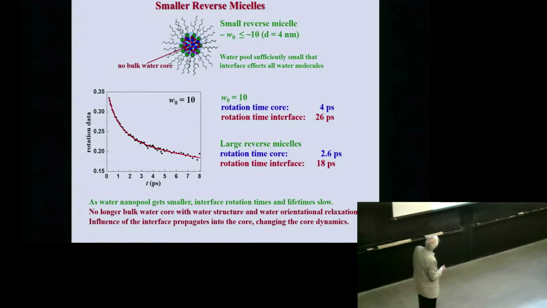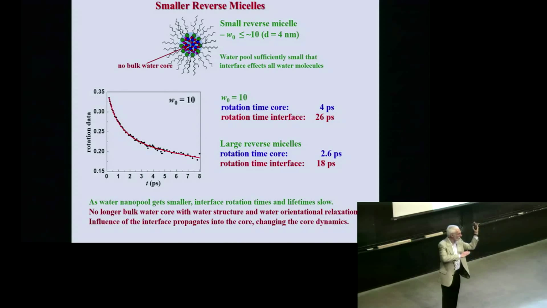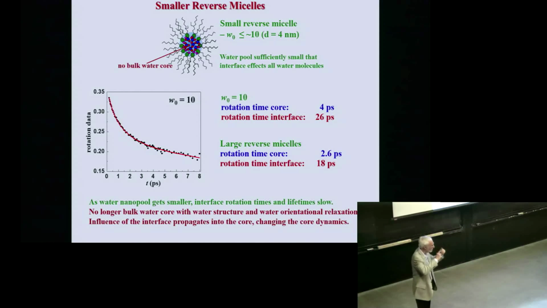So we can make these things smaller and smaller and smaller. And remember I said with the big ones, you always get the bulk water number plus this much slower number. As you make them smaller and smaller, the core, that pool of water in the middle, gets small enough that it starts to feel the interface, and at this size, you can start to see the change.